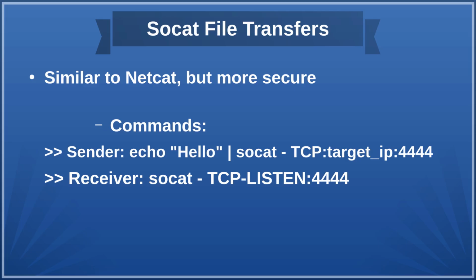Pipe socat TCP:<target IP address>:4444 pipes the message into Socat and sends it over TCP to the target machine's port 4444. Now on the receiving machine, we run socat TCP-LISTEN:4444. TCP-LISTEN:4444 tells Socat to listen on port 4444 and accept incoming connections.